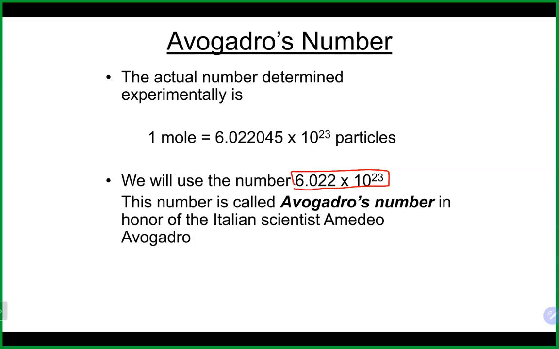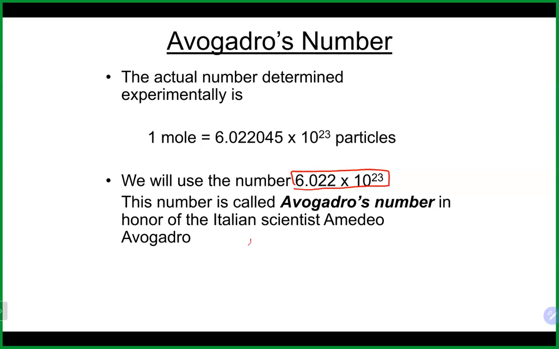This also is a scientific notation number, so you definitely want to make sure we are still using our exponent button when we punch this into our calculators so that everything comes out correctly. So here's the deal with Avogadro's number. It is really our conversion factor, and you could use it just like a conversion factor.